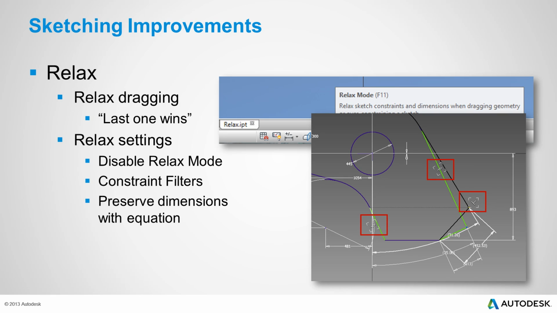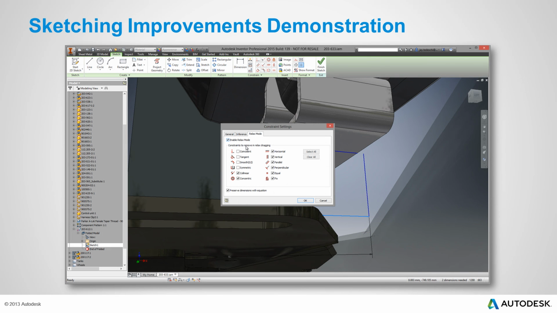So we've made these changes, but we're able to override these existing sketch constraints just through the use of this tool. And so with that, let's take a look now at a demonstration of the changes which have been made to the sketching environment.